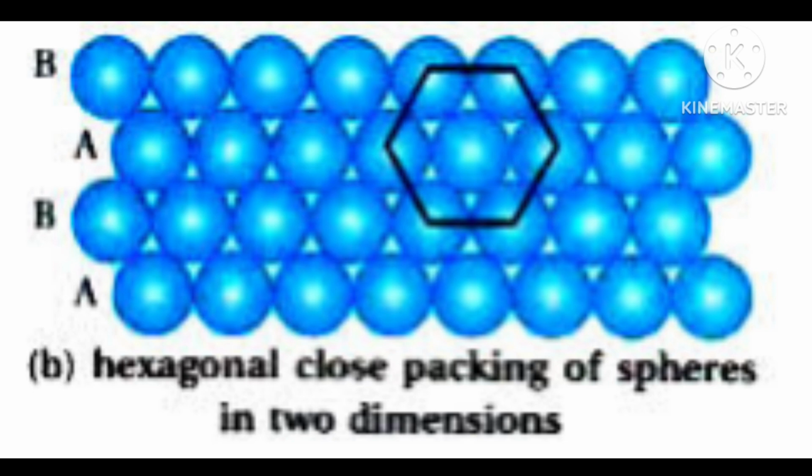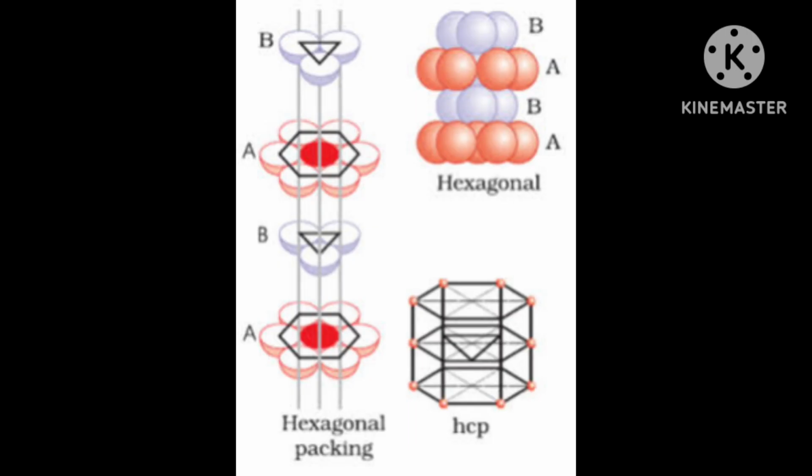CCP means cubic close packing. CCP is also called FCC structure, face centered cubic structure. Face, you also know, a cube has faces. One face of the cube, and one center will be there. That's why it is a face centered cubic structure.